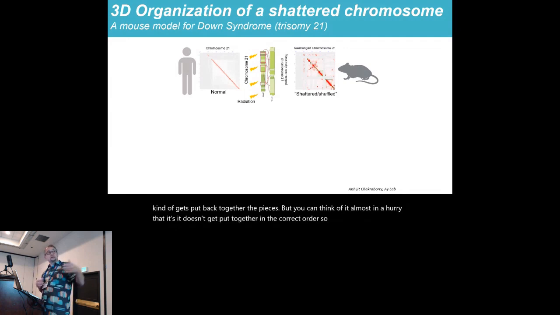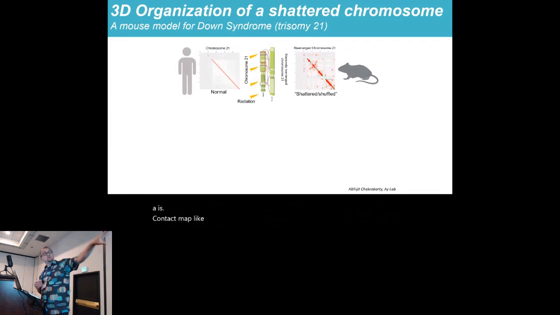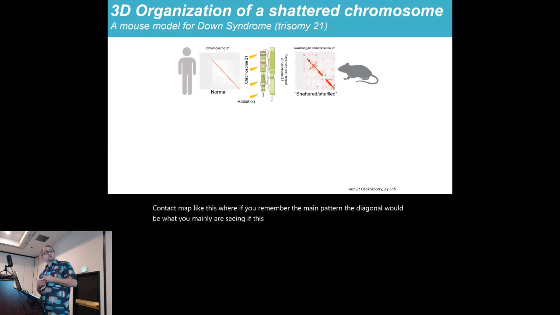What it gives you is a Hi-C contact map like this, where, if you remember the main pattern, the diagonal would be what you mainly see if this was a normal chromosome, not shattered. Here you have a whole bunch of off-diagonal patterns.